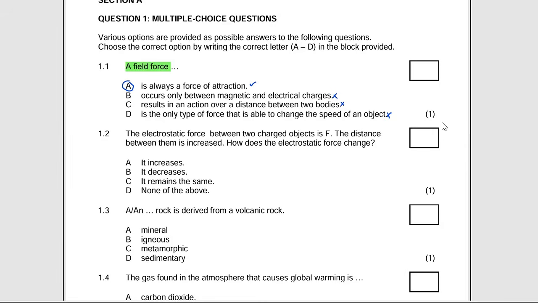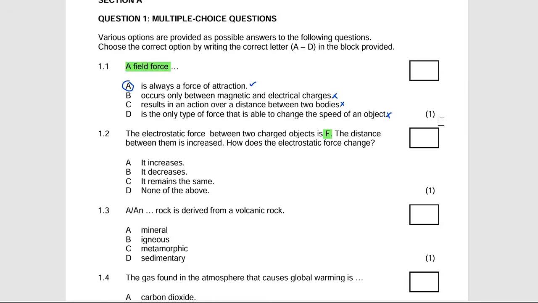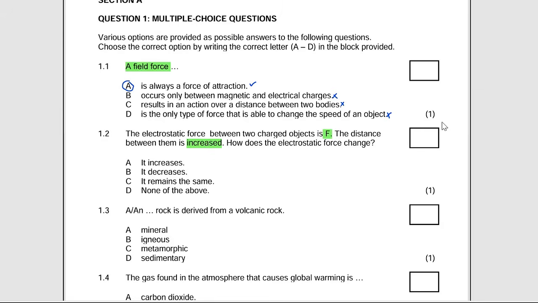Then we proceed to question 1.2, which says the electrostatic force between two charged objects is F, right? Then the distance between them is increased. So we're increasing the distance between these two objects. How does the electrostatic force change? So basically, the scenario we're having here is two objects, object A and object B on the other end.